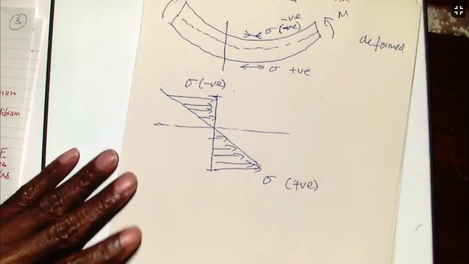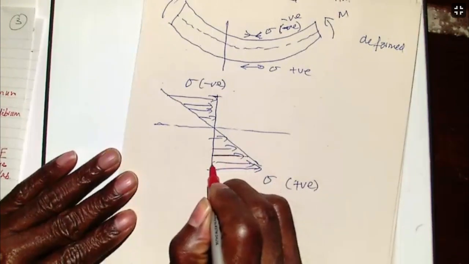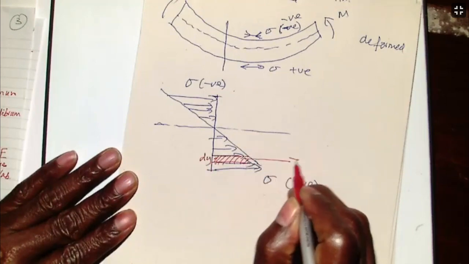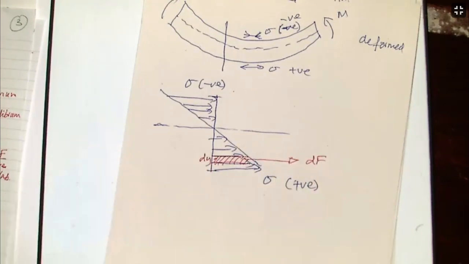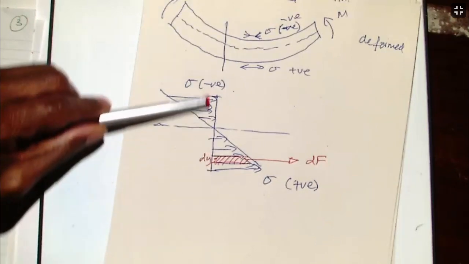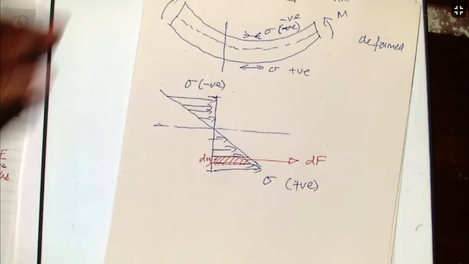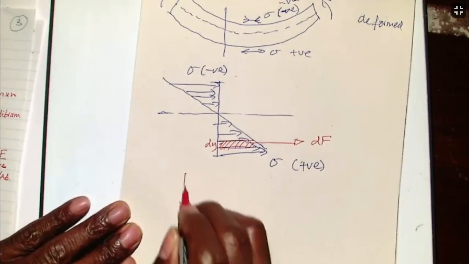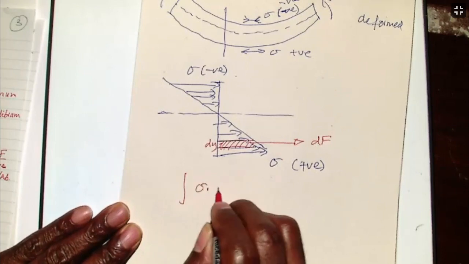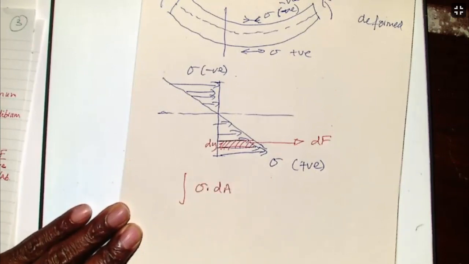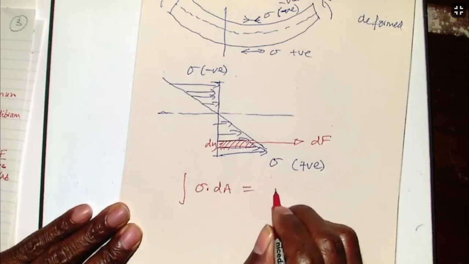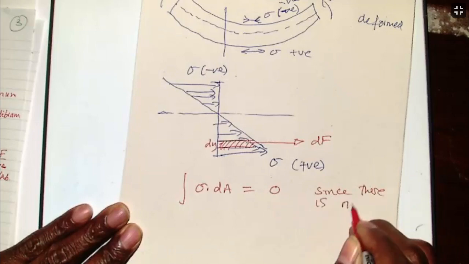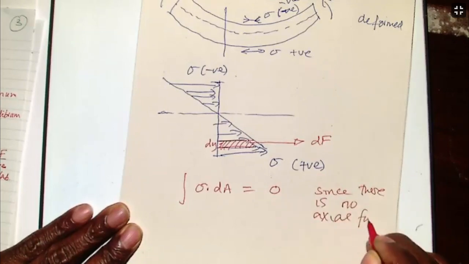So if we take a very small length, say dy, and we find out what is the net force that is acting on that, and we sum that up along the whole of the beam cross section, we must have zero. So therefore, we'll say along the axial direction, sigma times the area of the cross section must be zero, since there is no axial force applied.